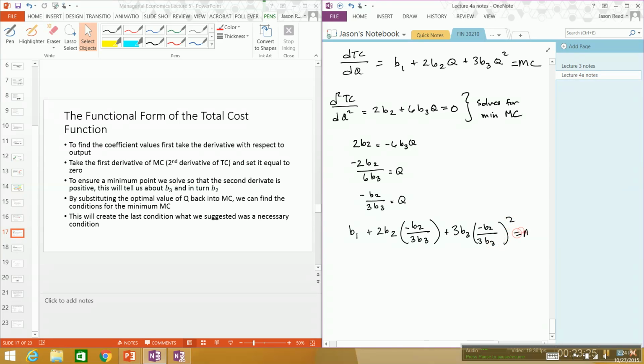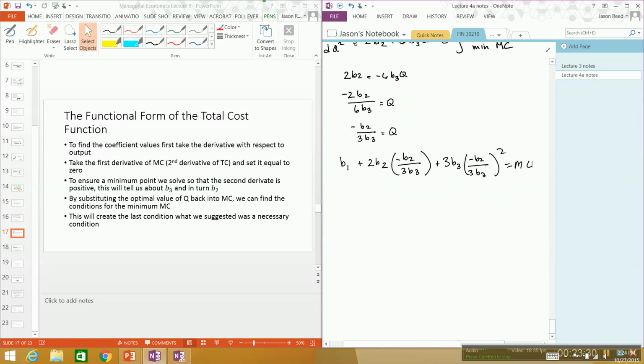This is our marginal cost. We want to know what marginal cost is at the minimum point, and it should be less than anything else. So we can solve down a little bit. Beta 1 plus negative 2 beta 2 squared over 3 beta 3 plus 3 beta 3 times negative beta 2 squared over 9 beta 3 squared.